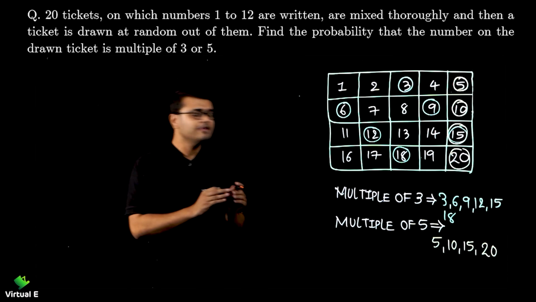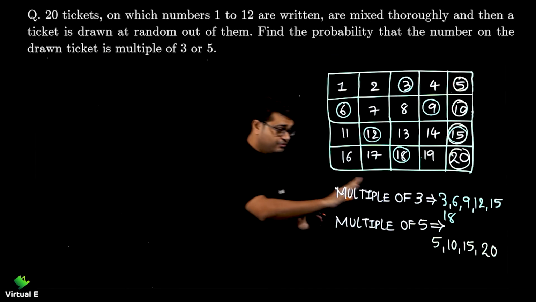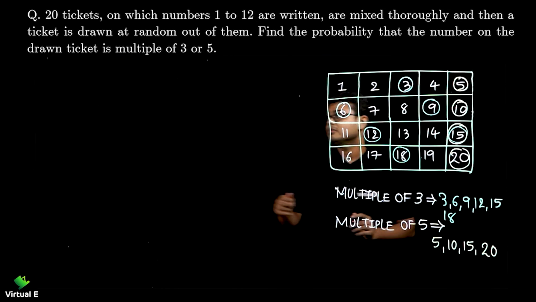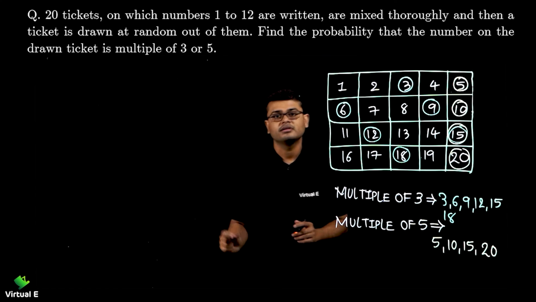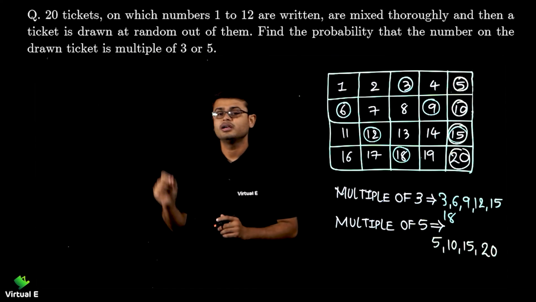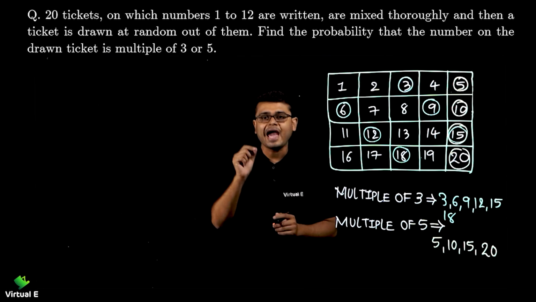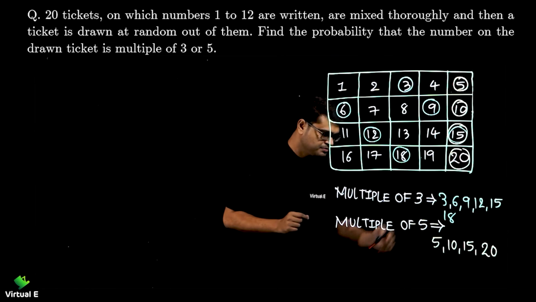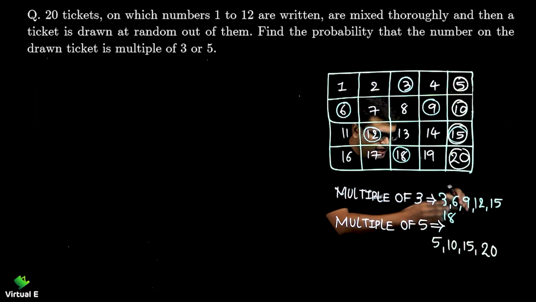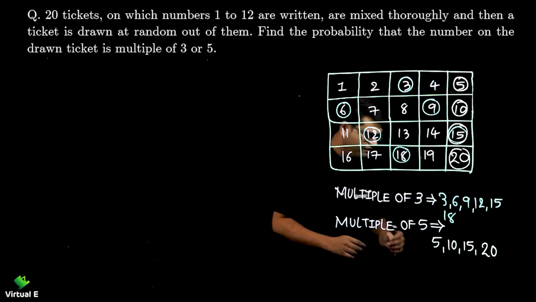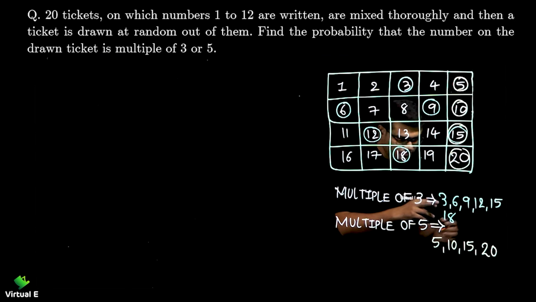Now observe, whenever you have this kind of situation, we need to talk about the case of OR. When we take the case of OR, we are supposed to add the outcomes of multiples of 3 plus the outcomes of multiples of 5. So see, is there any number repeating?